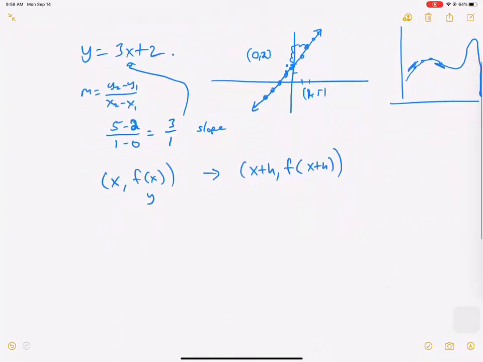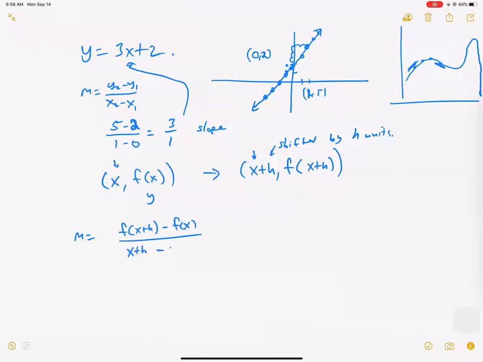Instead of saying these are 2 separate points, we define both points by an x, and the second point is just shifted over by h units. That led us to a new type of slope equation: f of x plus h minus f of x, over new x minus old x.